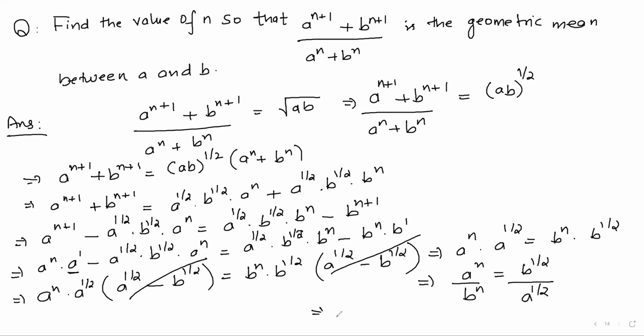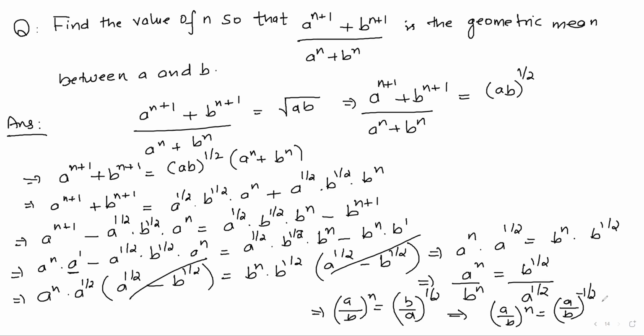We can write (a by b) to the power n equals (b by a) to the power half. (a by b) to the power n is equal to (a by b) to the power minus half. So can we say n is equal to minus 1 by 2? Is this clear, Sparsh? Yes, sir.